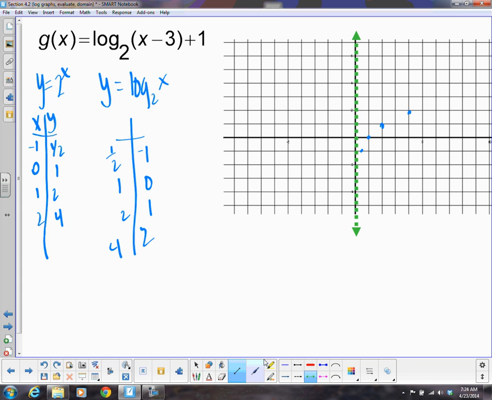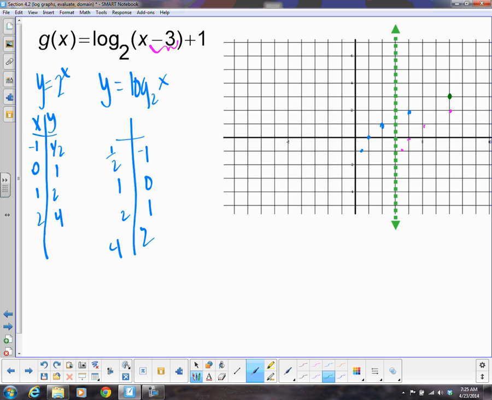All right, no flip, right? So what does this tell me to do? To the right 3. 1, 2, 3, 1, 2, 3. What happens to my asymptote? 1, 2, 3. Now what happens? We're going to go up 1.